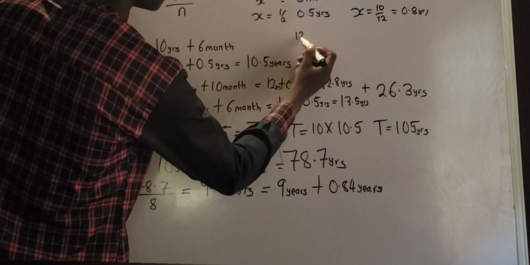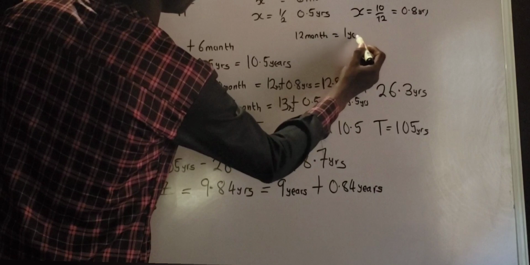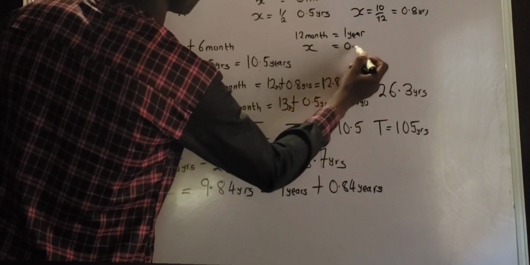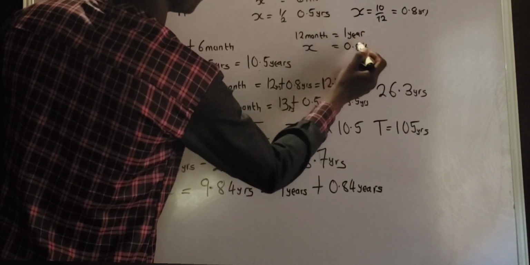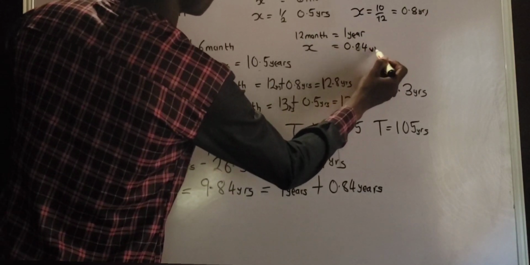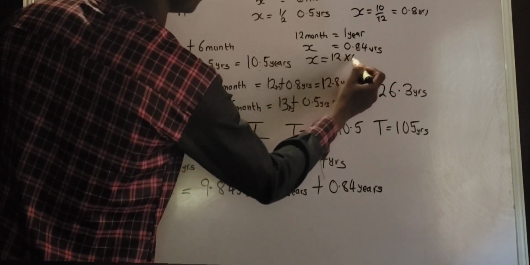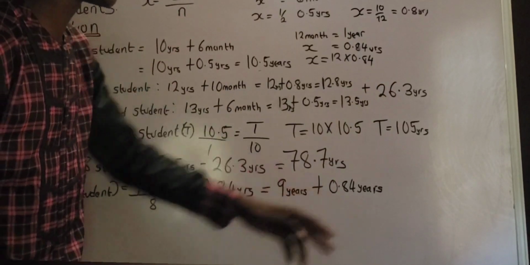If 12 months is equal to 1 year, you understand? X months will be equal to what? 0.84 years. So X is 12 multiplied by 0.84. That's how you can multiply this to get the months.